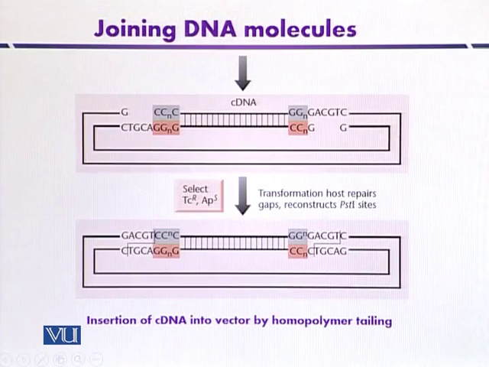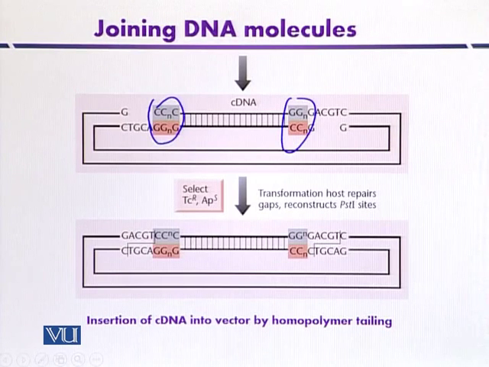Now these two sources of DNAs, from the vector and the cDNA, are mixed together. Because of complementarity of the homopolymer tails, they will join together. Cytosine will pair with guanine here.